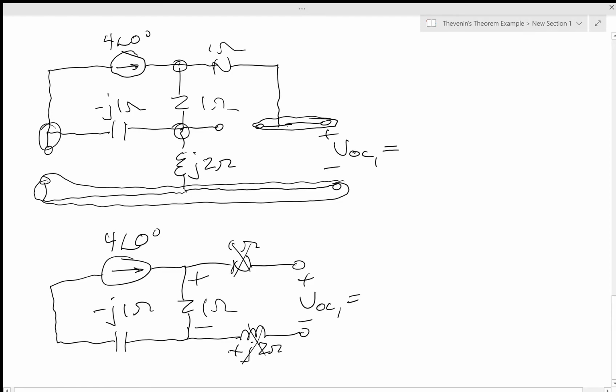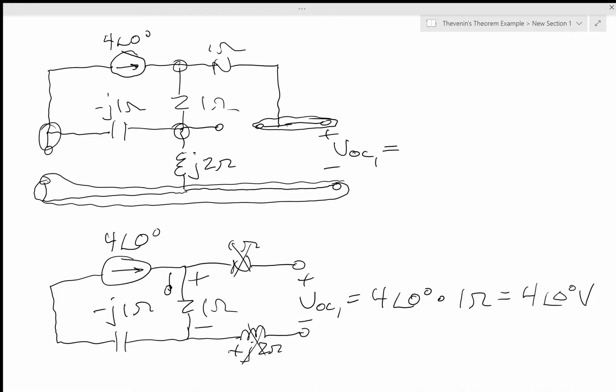And look, the current is going into the plus sign of the voltage drop. So this is going to be 4 angle 0 degrees times 1 ohm equals 4 angle 0 degree volts. Two real numbers, real result. Okay, so that's VOC1.